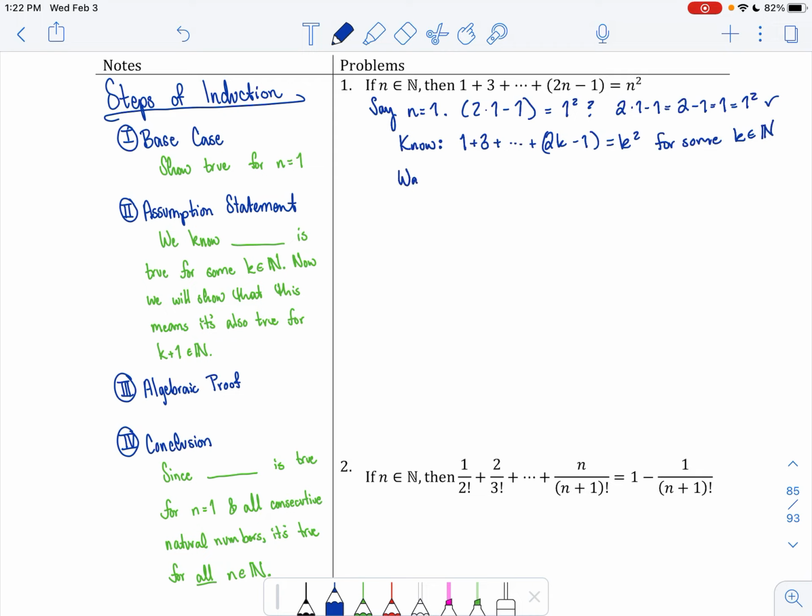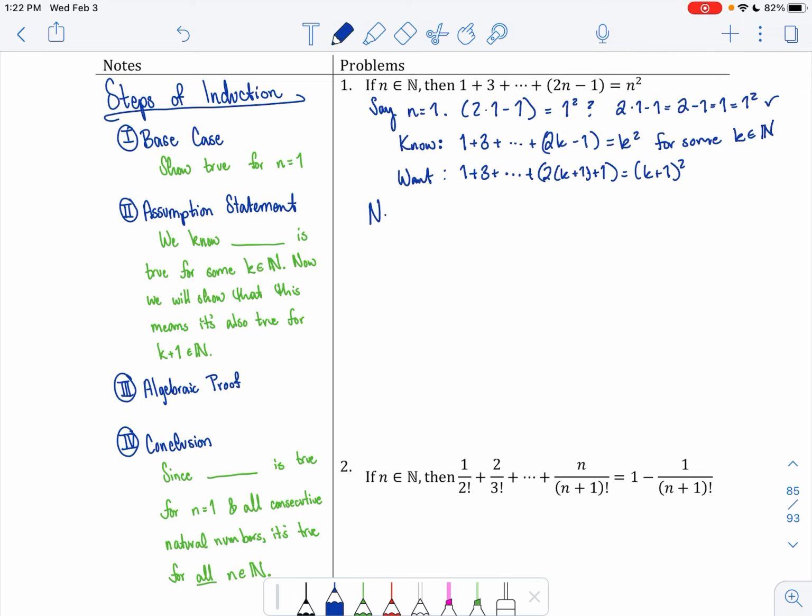And then what we want is 1 plus 3 plus up to 2 times k plus 1 minus 1. So show that it's true for k plus 1. So again, we know it's true for some k, and we want to show this. This is what we want to end up with at the end of our algebraic proof.